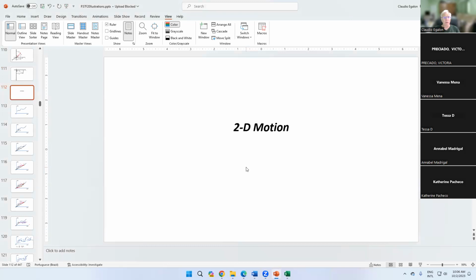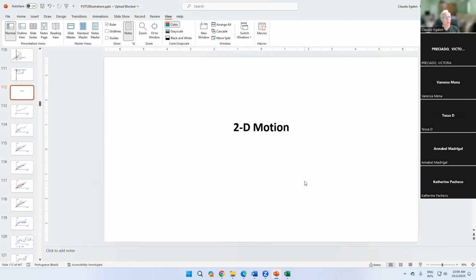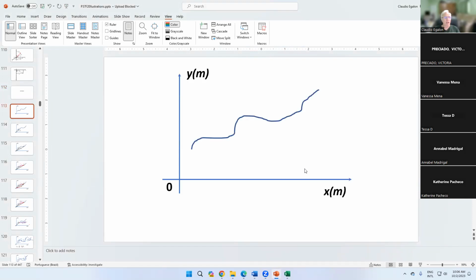We start the topic of 2D motion, and we have here a generic path of a given object in the x and y plane. In order to study 2D motion, we have to have this path.